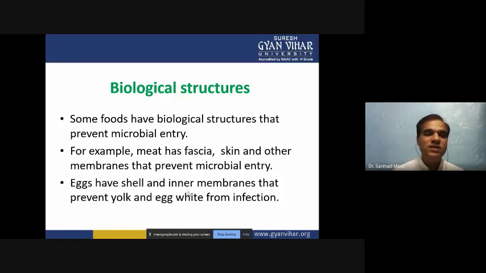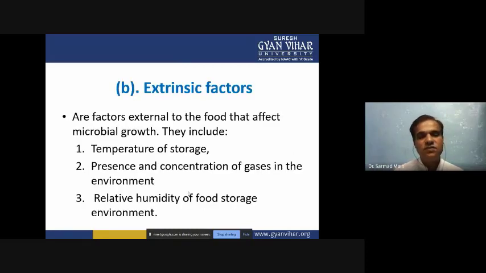Seeds are also utilized for food purposes, and all seeds have a seed coat, and this seed coat can prevent microbial spoilage and entry, and so preserve the food material. So a biological structure is there so that food can be stored for a longer duration.